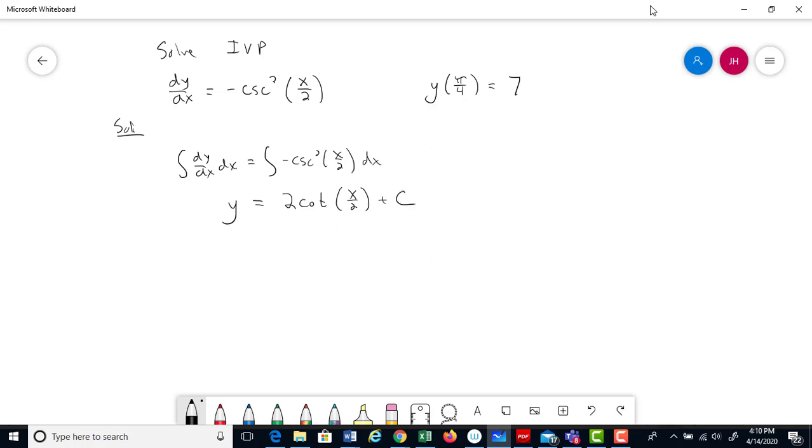So that's why. Now I'm going to plug in to find c. So y of pi over 4, I'm going to erase this. I'm going to change this to pi over 2 so it's easier to do.